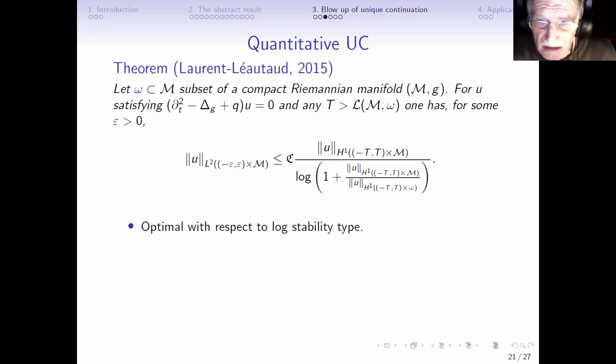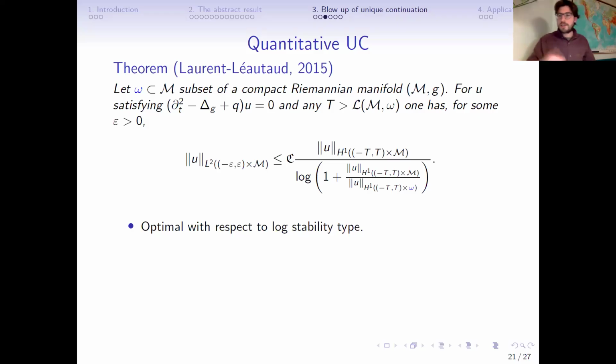Exactly, we can think of it like this. It's the time essentially given by finite speed of propagation, in the sense that if t is smaller than this, then finite speed of propagation will be violated. So the point is that there is a minimal time, which is exactly what you would expect.